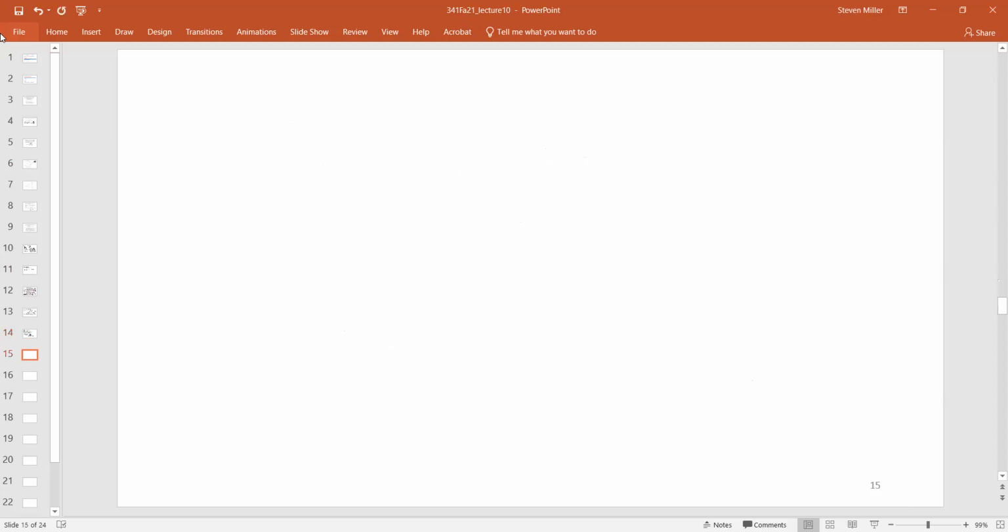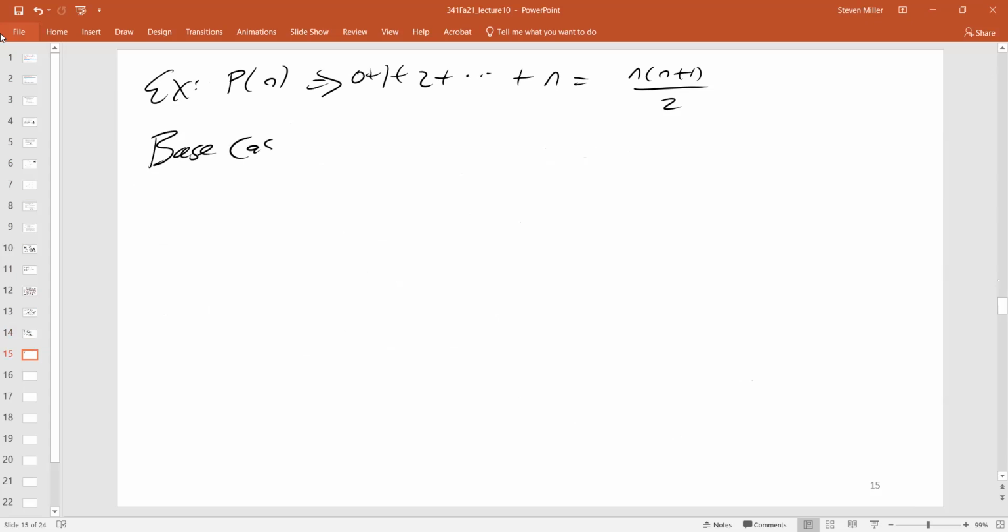So the standard example is, let's say, Pn is the statement that 0 plus 1 plus 2 plus ... plus n equals n times n plus 1 over 2. So the base case, look at P0: is 0 equal to 0 times 0 plus 1 over 2? Yes.